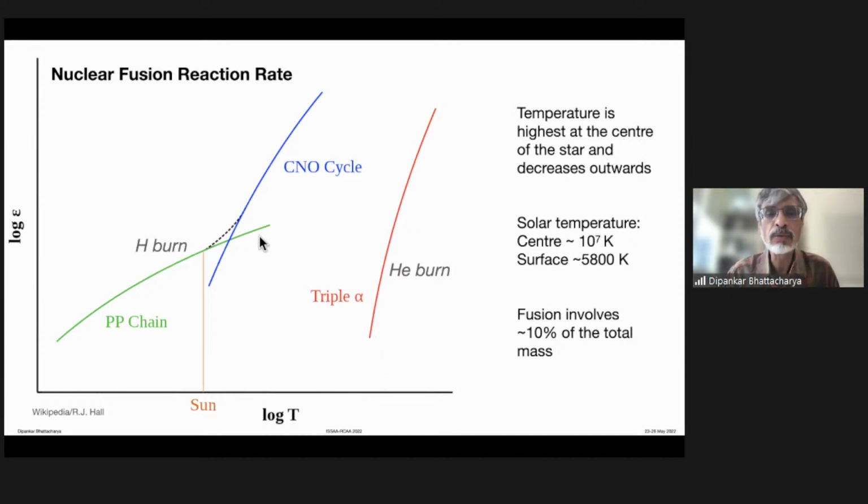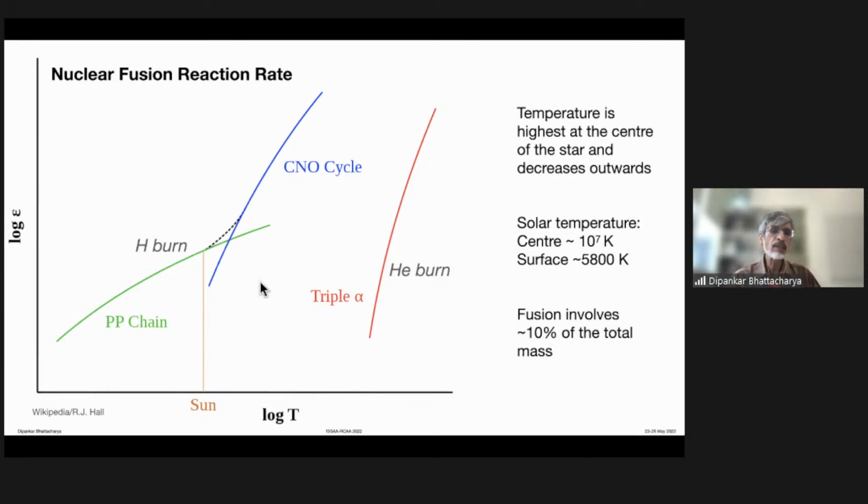For the next stage, the temperature has to jump from this region to that region. And that doesn't happen while hydrogen is already burning. So in the main sequence, we can be pretty sure it is only the hydrogen fusion at the center that is powering the stars.